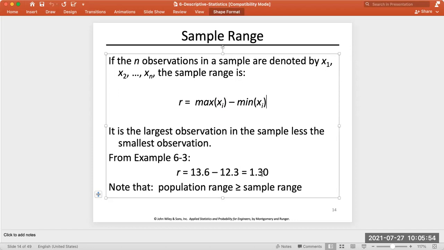Generally, the population range is greater than or equal to the sample range. And it's obvious that if you are selecting some sample out of the population, which has each and every item or every data you are interested in, and out of that you look at some data, the population range cannot be less than the sample range, right?